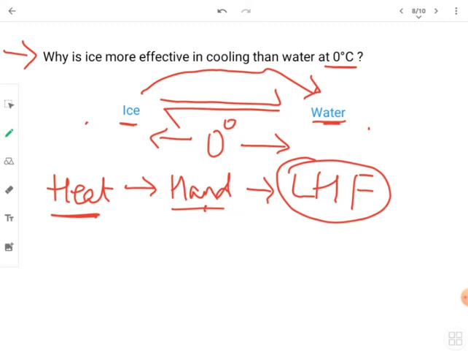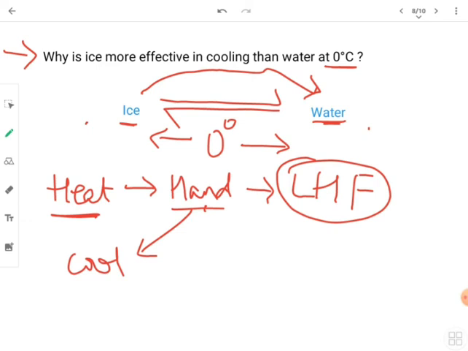So obviously when a substance or a material is absorbing energy from the surrounding, it is going to become cool. So our hand basically feels cool. So that is why we say that ice is more effective in cooling than water.